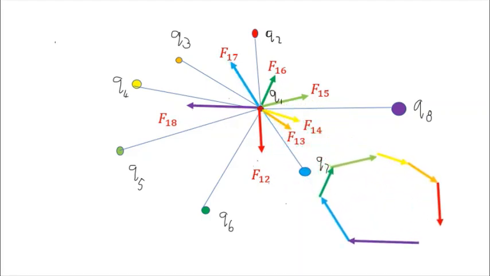In the polygon law of vector addition, all the vectors are represented as the sides of a polygon. The open side, in the opposite direction, we consider as a vector. F1 represents the resultant of all forces by using the polygon law of vector addition.